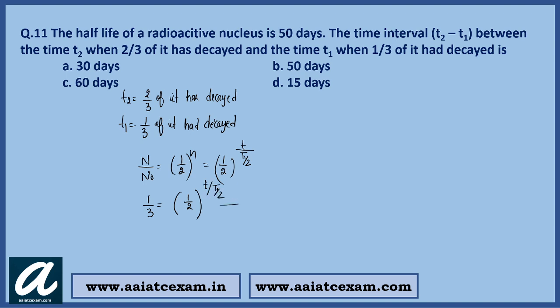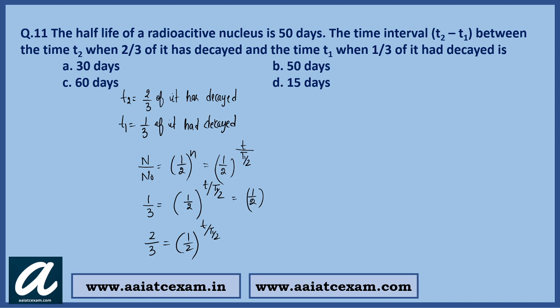And for the second equation, it is given that 2 by 3 should be equal to 1 upon 2 raised to the power t by t half. Students, from here, if I substitute these values, this will become 1 upon 2 raised to the power t by t half.